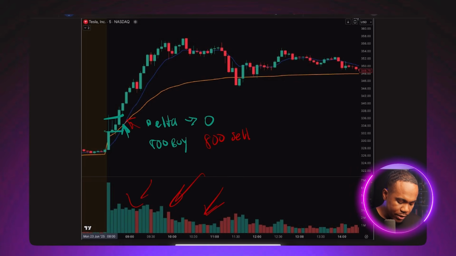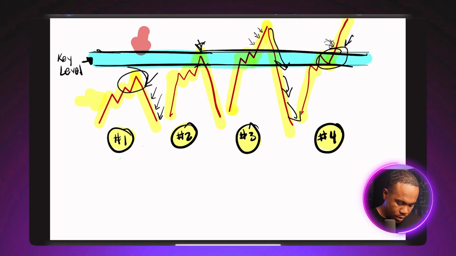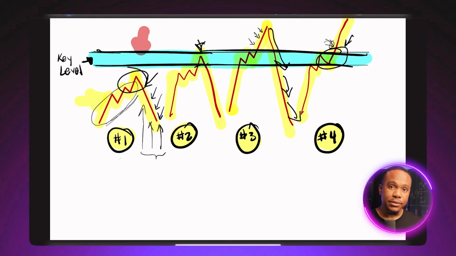Now, as price starts to push through, then you may start to see that the buyers are overwhelming the sellers. Price action and volume, looking at volume this way, will give you confidence and help you with those scenarios that I communicated. So let's go back to the scenarios. Scenario 1, as price is turning, we may see the buyers are very aggressive at one point, but we may see an overwhelming amount of selling aggression, delta, to when this price is coming down here.